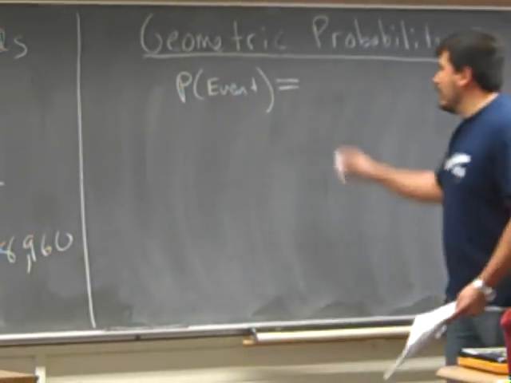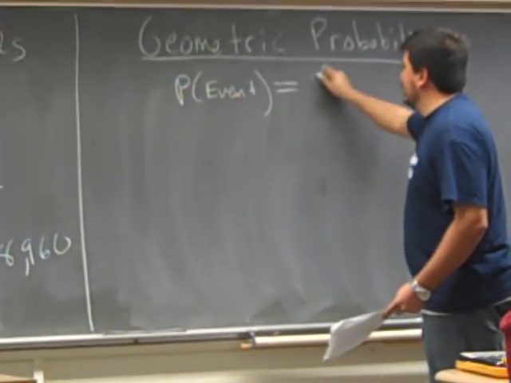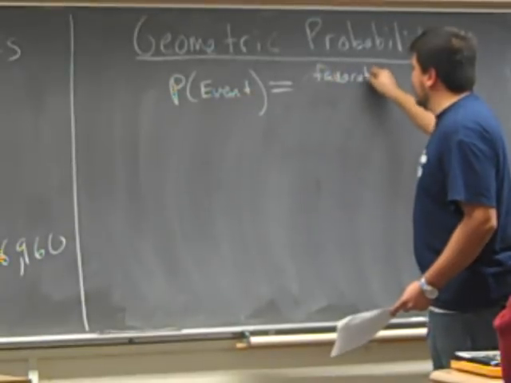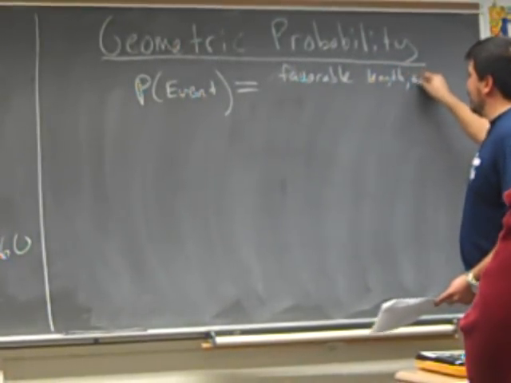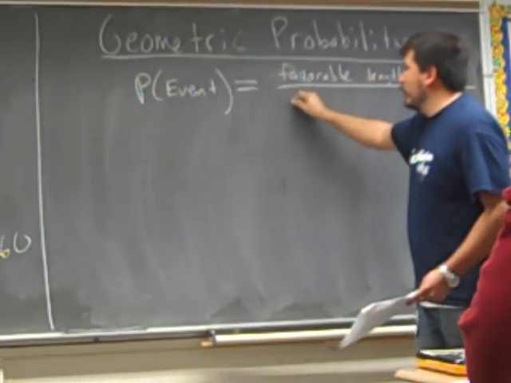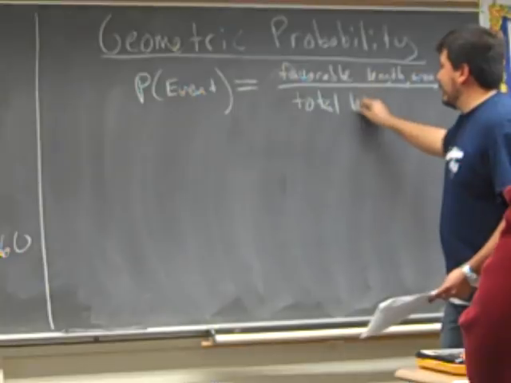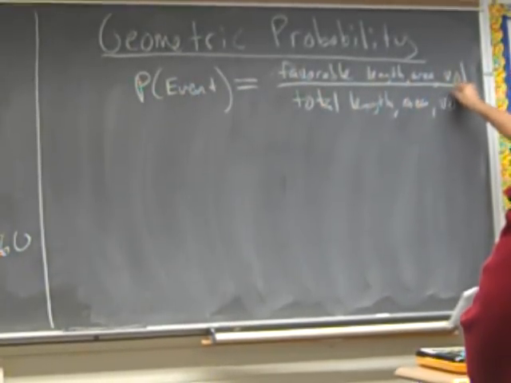So what I'll say is the favorable length, area, or volume divided by the total length, area, or volume.